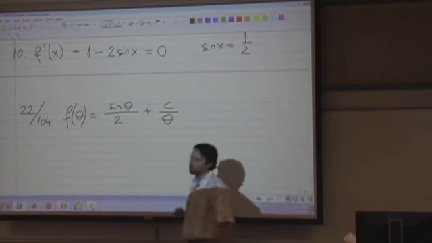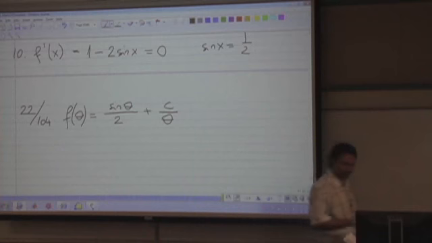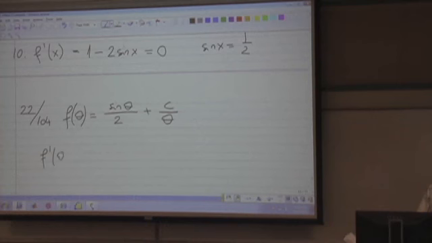So what is the derivative of sine of theta? Cosine of theta. So what is f prime of theta? Well, because sine of theta is divided by 2, that's just a constant, right? So it's just cosine of theta divided by 2. Does that make sense? Yes.